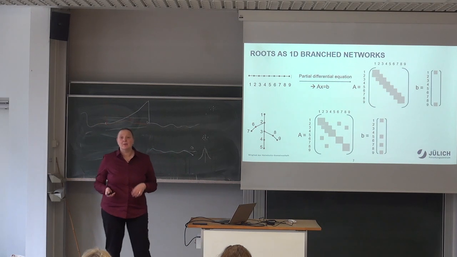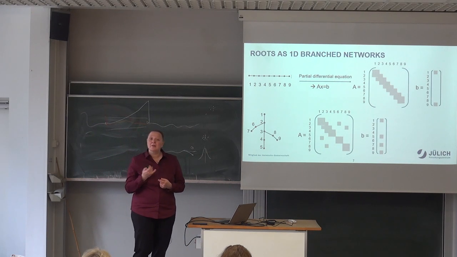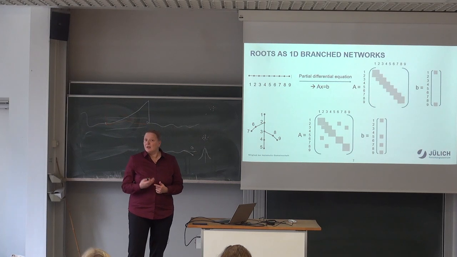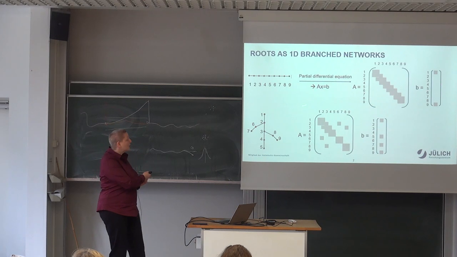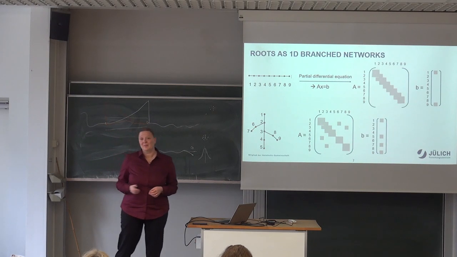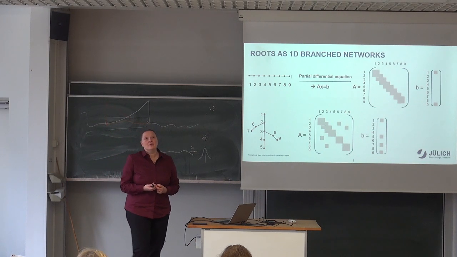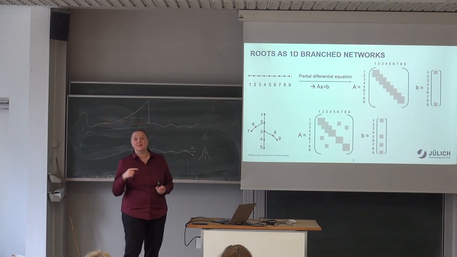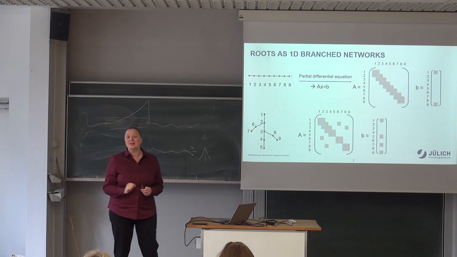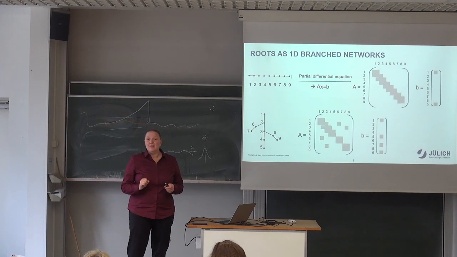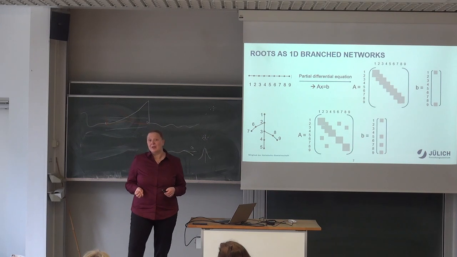These attributes can be the root radius, the root segment age, or uptake properties that are dependent on the root age, for example. So this would be handled via the properties, the attributes that each of these segments have. And we also have examples where we have root segment age and root type dependent root hydraulic properties. And that makes the simulation a bit more complex, of course.